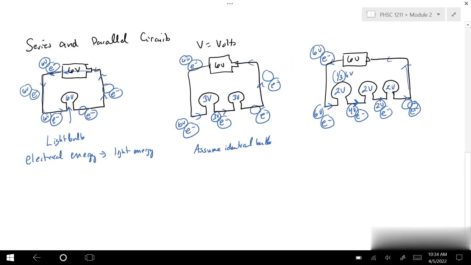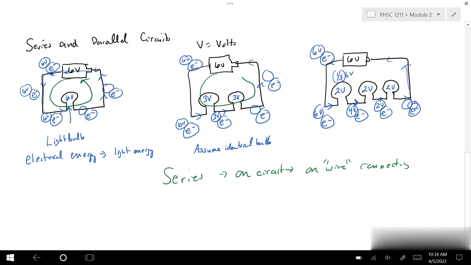Now, looking at this, what happens is the electron knows what's coming up, knows how to release the voltage. And if you look at this, all the light bulbs are in series. So there's only one circuit, or, in a lot of cases, there's one wire, I'll put that in quotes, connecting.